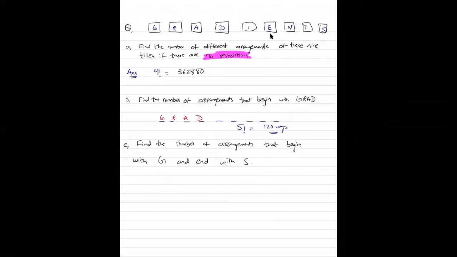Yes, because you are not allowed to change these tiles, GRAD stays the same. So the only shuffling could be done for the remaining five tiles. So these five tiles are going to arrange themselves in five factorial ways, and every time you're going to have a different word.